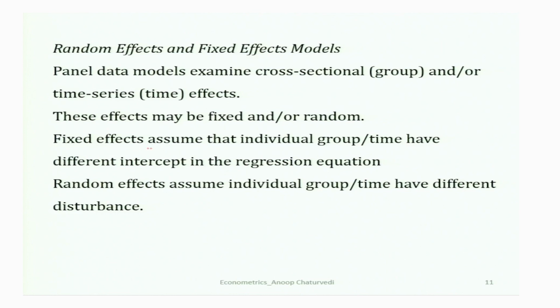In fixed effects, we assume that individual groups or time periods have different intercepts in the regression equation. Normally, we take different intercepts for the individual groups or different cross sections. Random effects assume individual group or time having different disturbances. Again, usually we assume different disturbances for different groups.